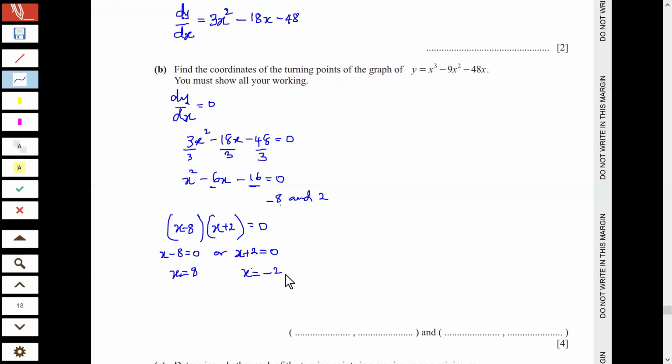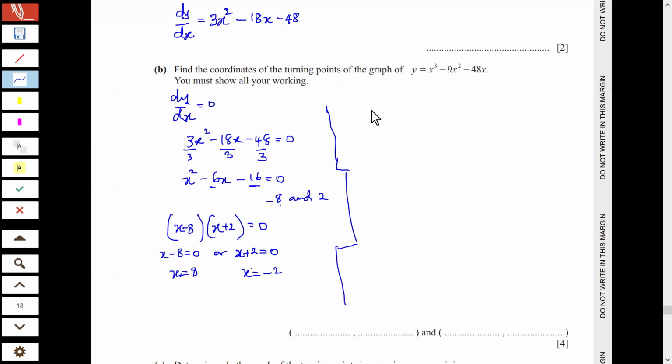Now, after finding the values of x, we need to also find the corresponding values of y. To find values of y, we have to substitute into the equation.